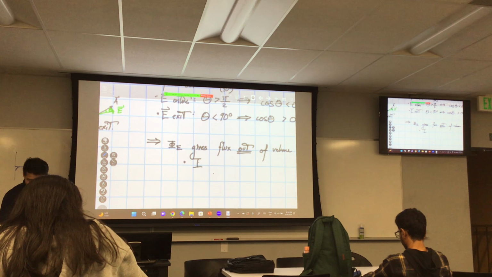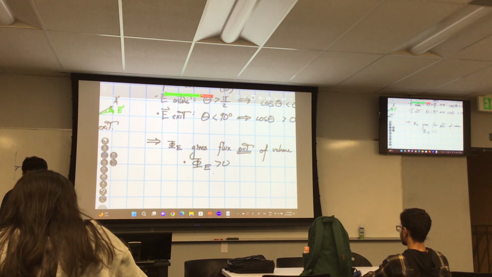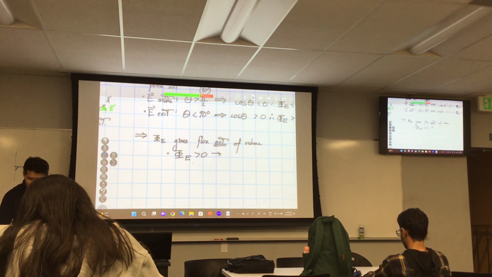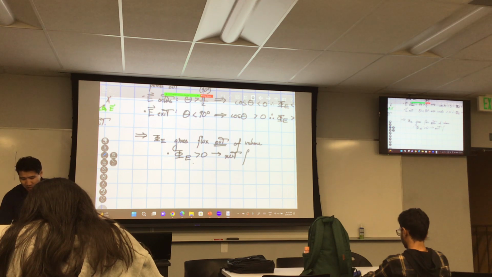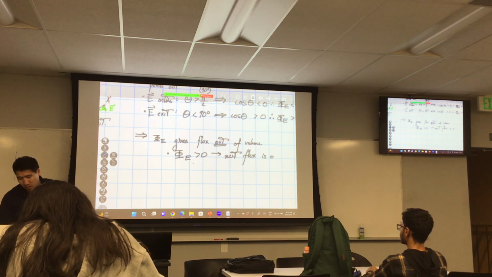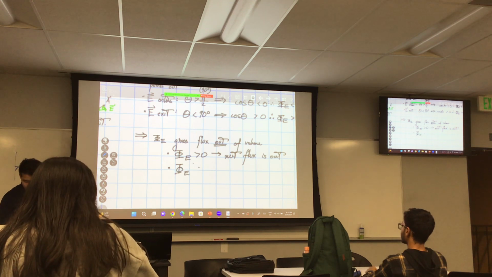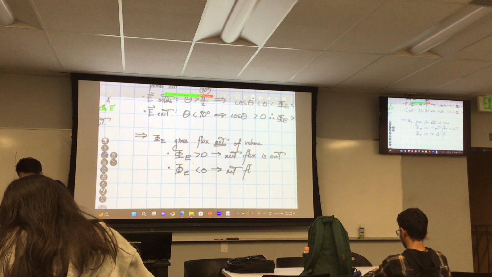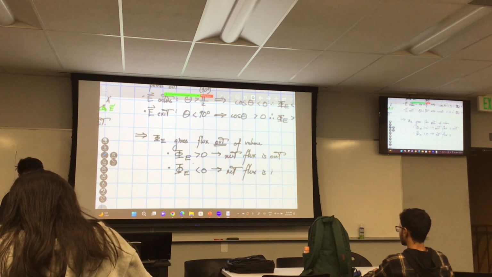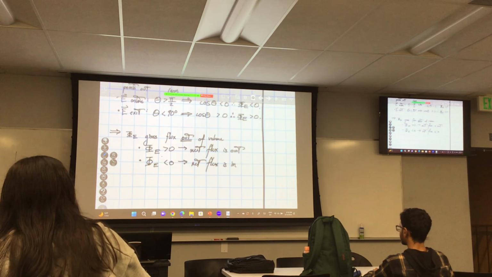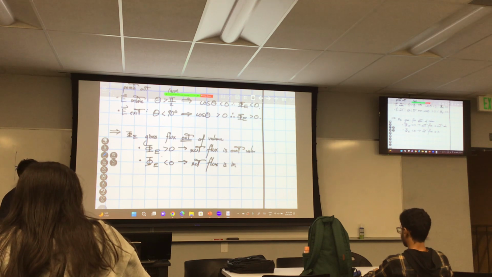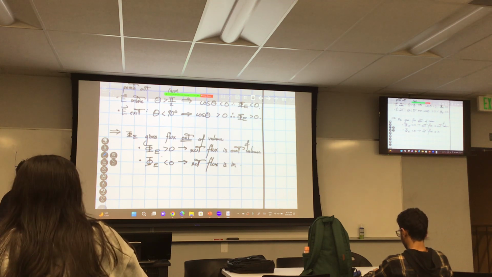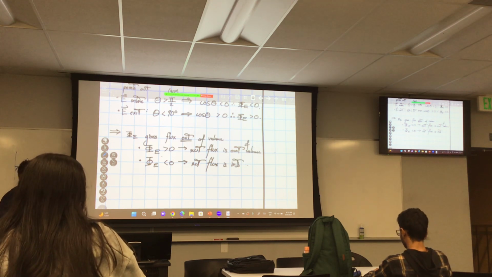So that's why phi greater than 0 tells us net flux is out. Whereas phi less than 0, this tells us net flux is into the volume.